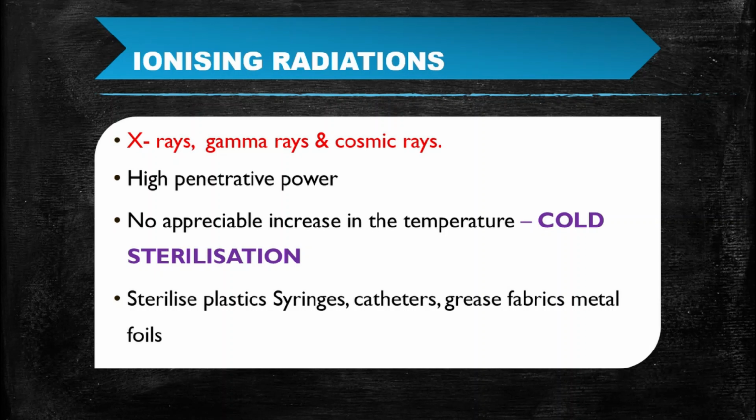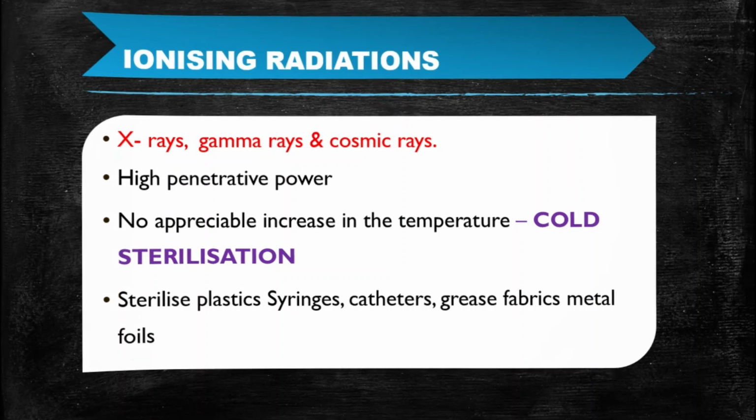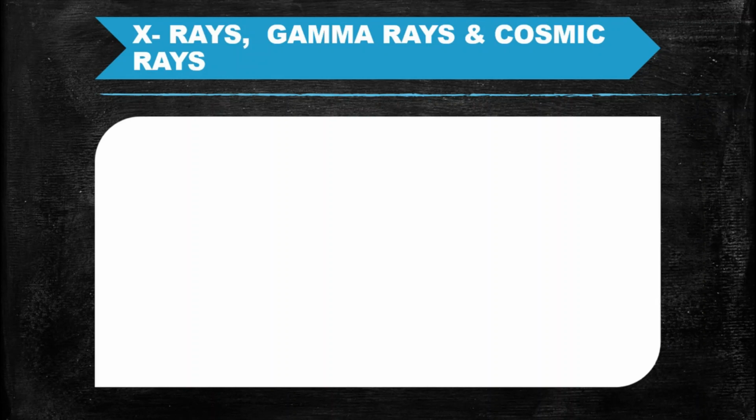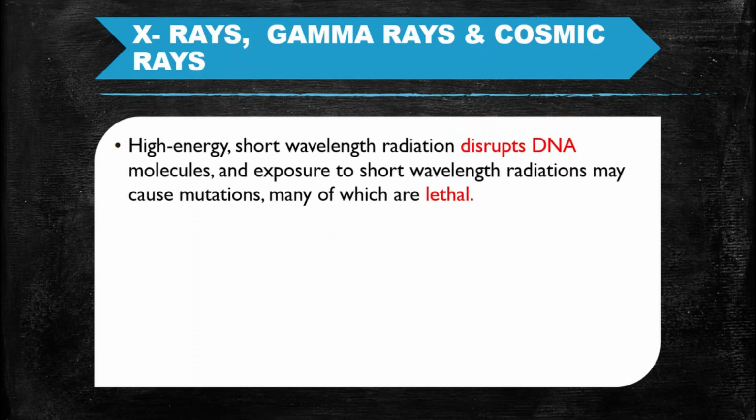This method is used to sterilize plastic syringes, catheters, greased fabrics, metal foils, and particularly mass sterilization is done by using ionizing radiations like X-rays, gamma rays or cosmic rays.